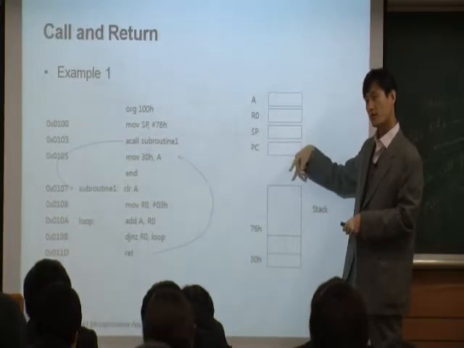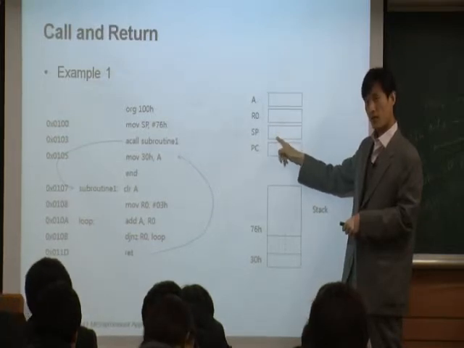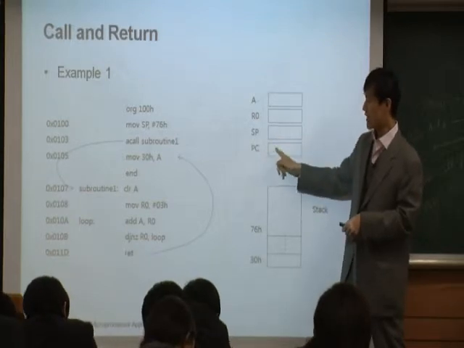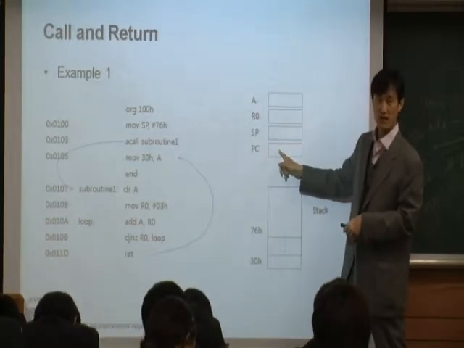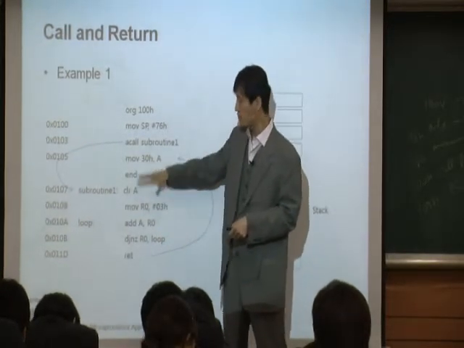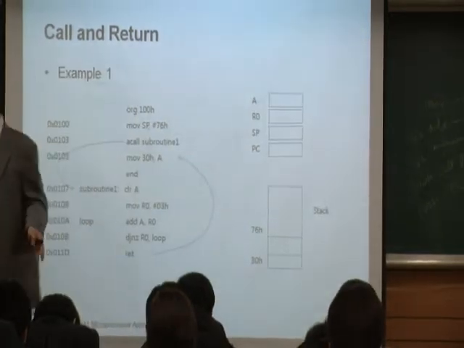It's decremented back to 76. And now the program counter has a new value of 105. So we are jumping to 105, and then keep moving like that. So that's all that happened.